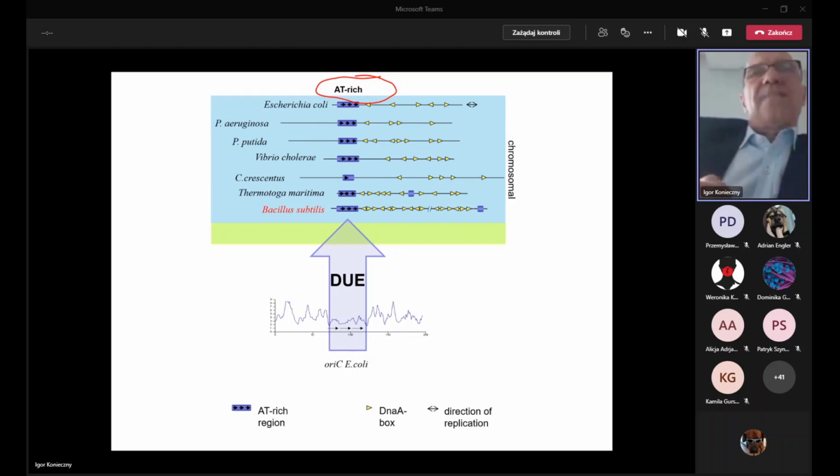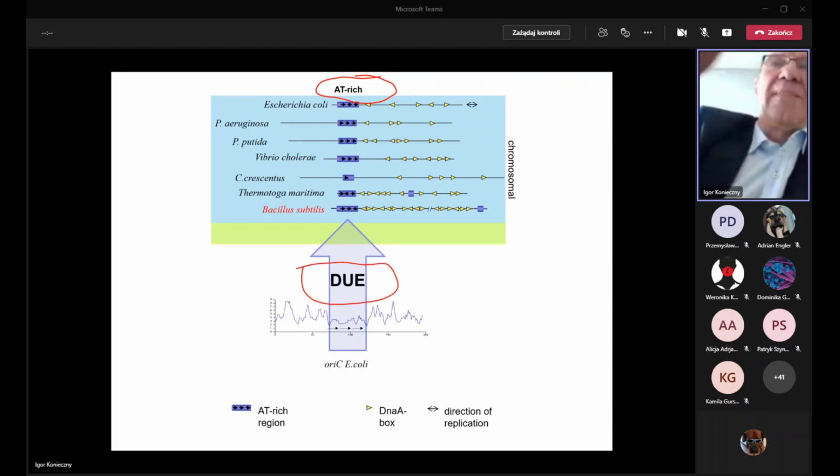So this is the reason that within the replication origin we have this AT-rich part, and this is also called the DUE, no matter whether chromosomal, extrachromosomal, prokaryotic or eukaryotic replicons, and stands for DNA unwinding element.